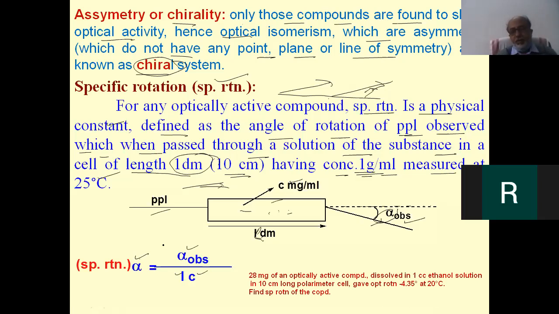All of you note down this problem. 28 milligram of an optically active compound dissolved in 1 cc ethanol solution in a 10 centimeter long polarimeter cell gave optical rotation minus 4.35 degree at 20 degrees Celsius.